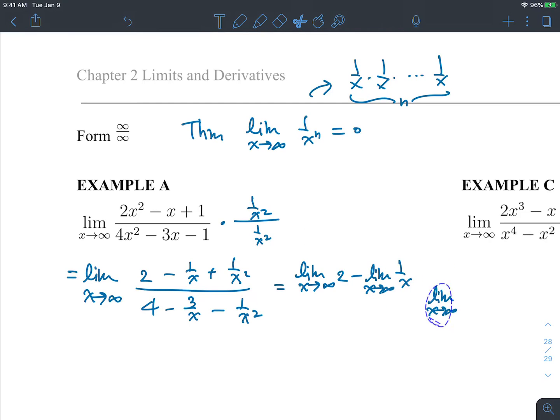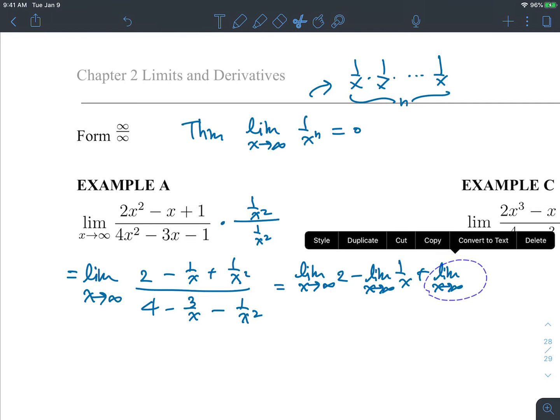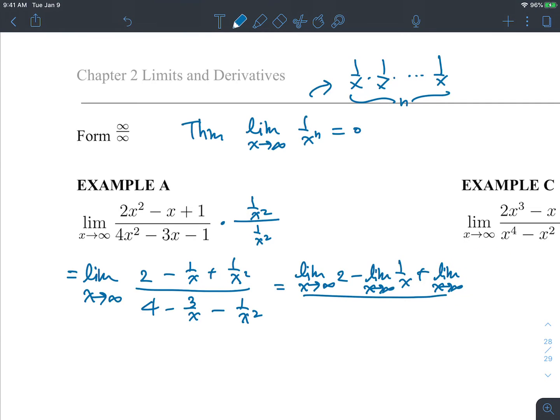And that is 1 over x squared. It's a 4 minus, and you could factor out the 3 in the front: 1 over x minus 1 over x squared.